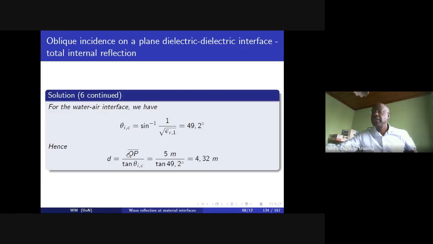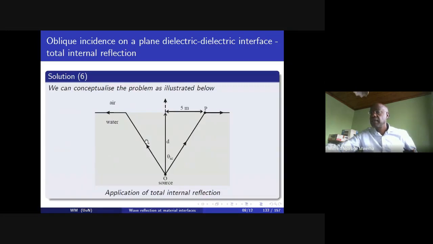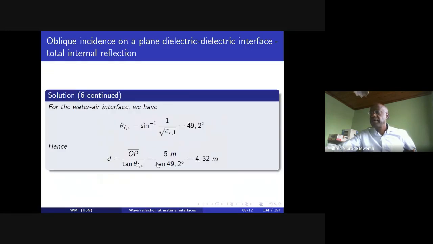And therefore d is going to be given by that angle, this angle OP, divided by the tangent of the angle, and we get a value. I think that one is wrong. It's not OP we are dealing with, it is the radius rather than the angle.